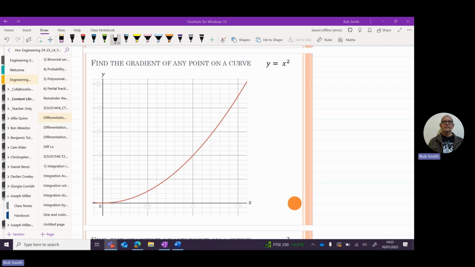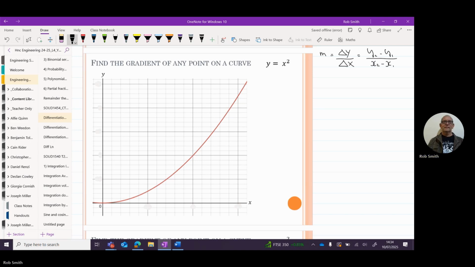You remember the definition of the gradient is the change in y divided by the change in x, which equates to y2 minus y1 divided by x2 minus x1, where (x1, y1) and (x2, y2) are coordinates of points we're interested in.